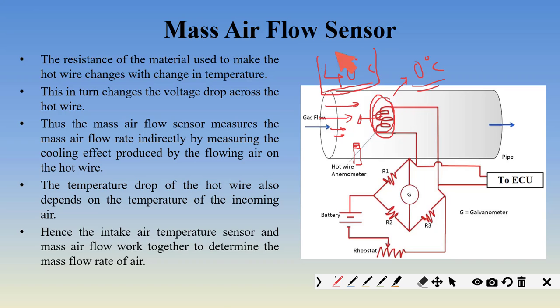But if air is at 40 degrees Celsius, it will absorb less heat. Thus, based on the temperature of the intake air, the amount of cooling produced will also vary. That is why a temperature sensor is required to calculate this more accurately. So that is how a mass airflow sensor works, right?